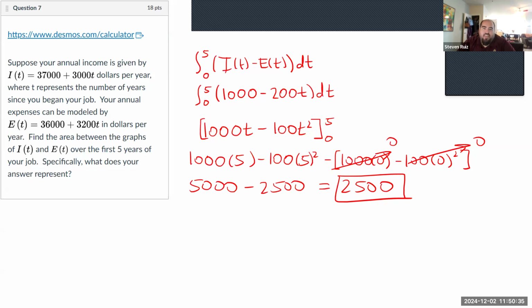So if I integrate that rate over a period of years, that's going to give me a number of accumulated dollars. So I accumulated positive $2,500. Basically, what this integral told me is that over 5 years, I saved $2,500. All right, and that's all for exam number 3.